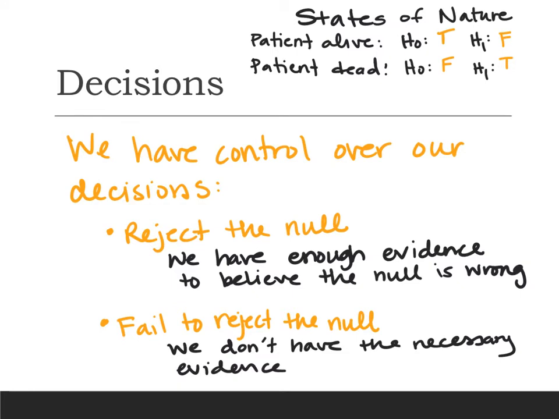That we need in order to reject it. So we have to be careful because we never accept the null hypothesis. We're not accepting it, we just don't have the evidence to reject it.